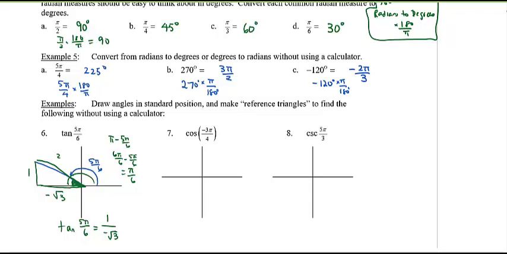But for 7, cosine negative 3 pi over 4, once again, if I'm drawing the angle, because it's negative, I'm now going to sweep clockwise. So here we go. There is my negative 3 pi over 4. I still need to find the reference angle, and hopefully you can visualize this reference angle being, that's right, pi over 4.